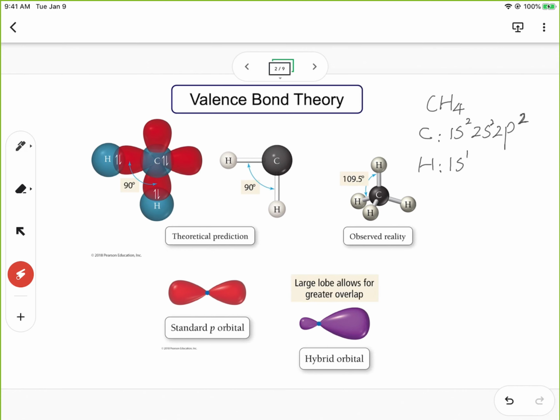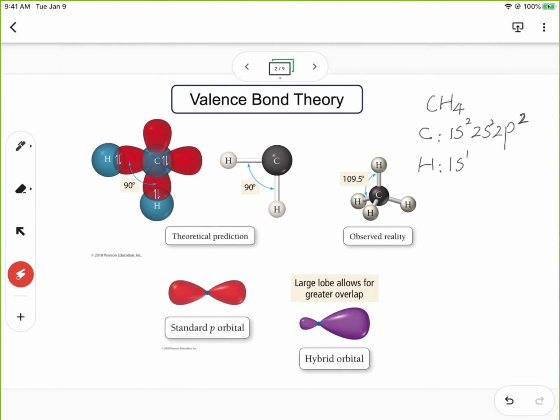What happens here is, this is a standard p orbital, but in valence bond theory, instead of using p orbitals to interact with hydrogen, the carbon atom will use hybrid orbitals to interact with hydrogens. So that's why it forms this tetrahedral geometry.